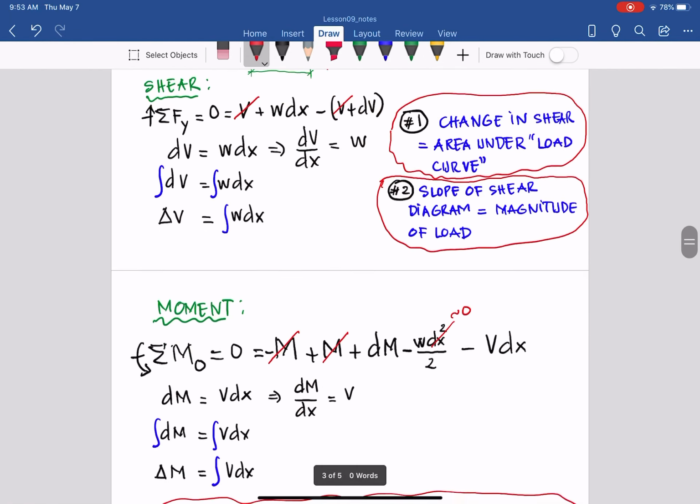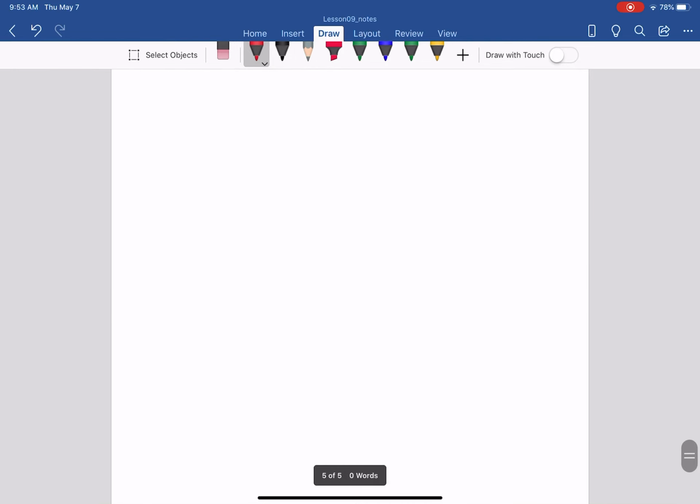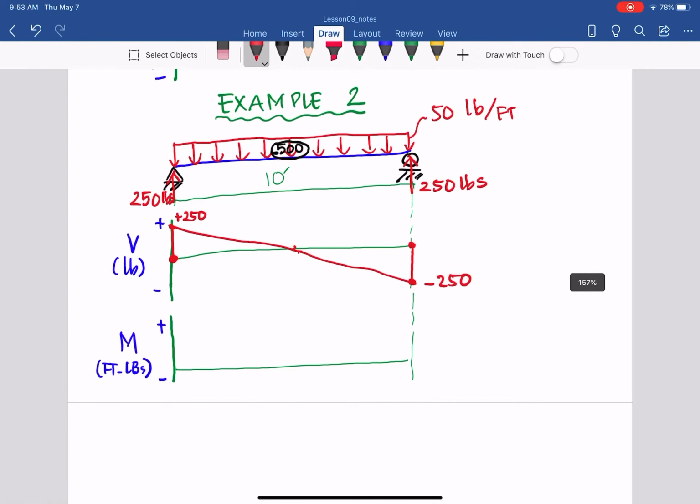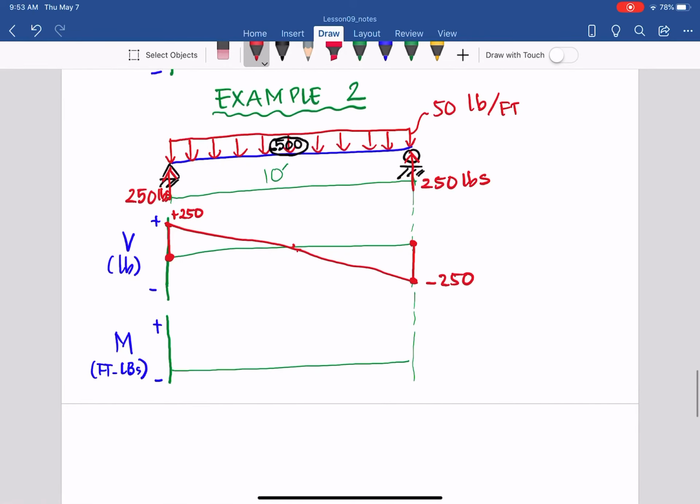In this case, example number 2 causes a continual change, and in this case angled down because the W is going down. Okay, so that is the shear diagram.